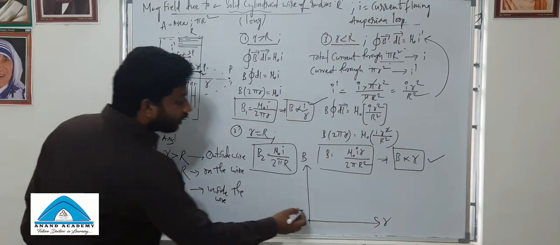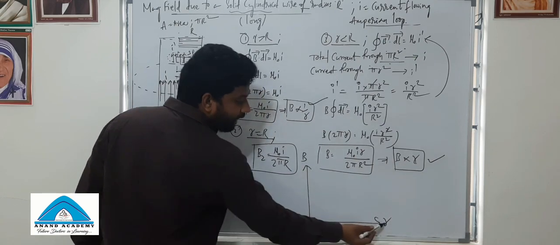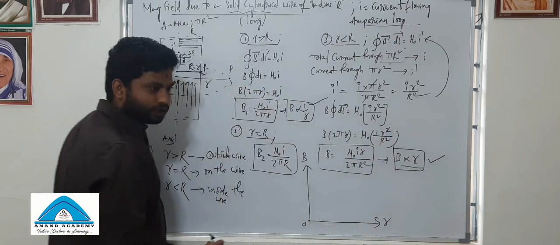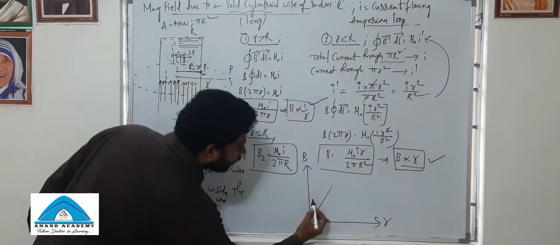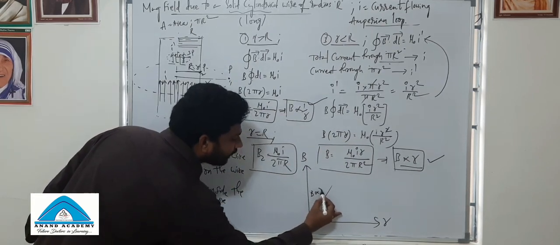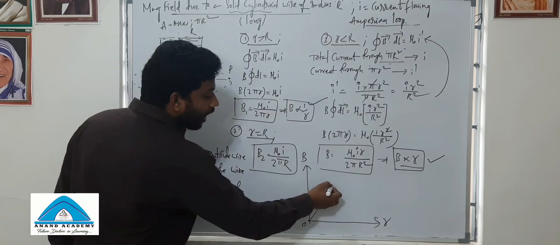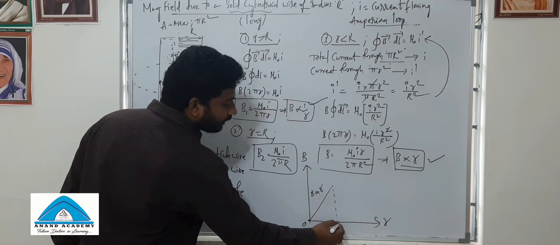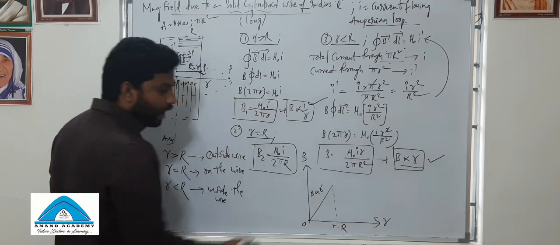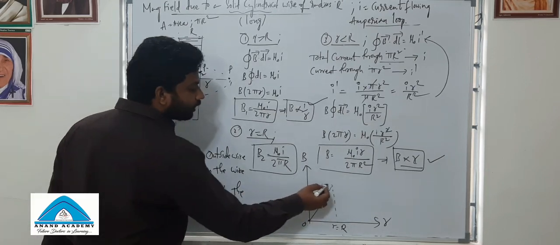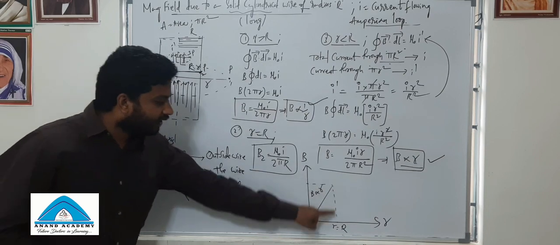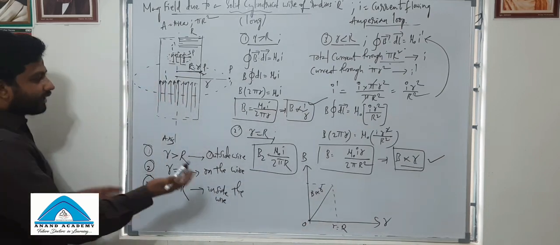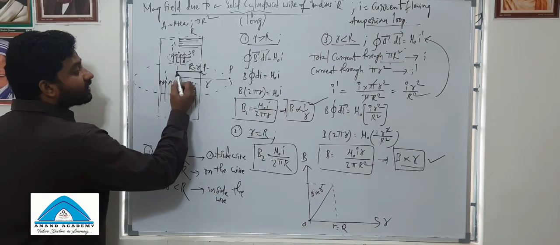So from here, what happened? The relation between B and r is directly proportional, so the graph will be like this. Here B is directly proportional to r till r is equal to capital R. The maximum value of B is obtained when small r is equal to capital R, that is, from the axis to the surface.